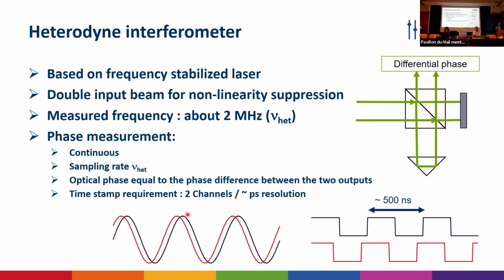And one important thing is that now, since we are allowed to work with a very low nonlinearity, we have access to fractional phase, not only an integer number of fringes.